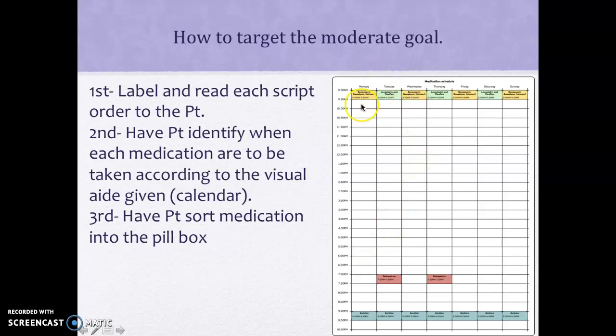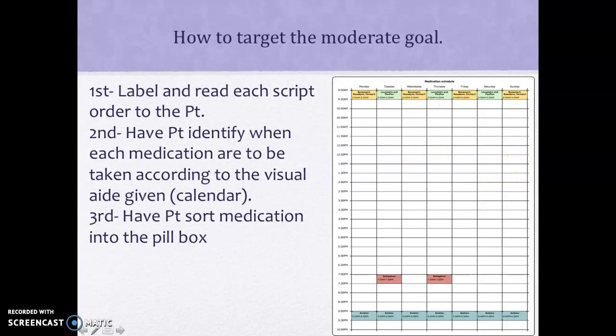I also color coded the schedule to help the patient understand, like, the red one is for your diabetes medication. The yellow one is for, I don't know, your hypertension medication, or your high cholesterol or whatever medication they're taking.